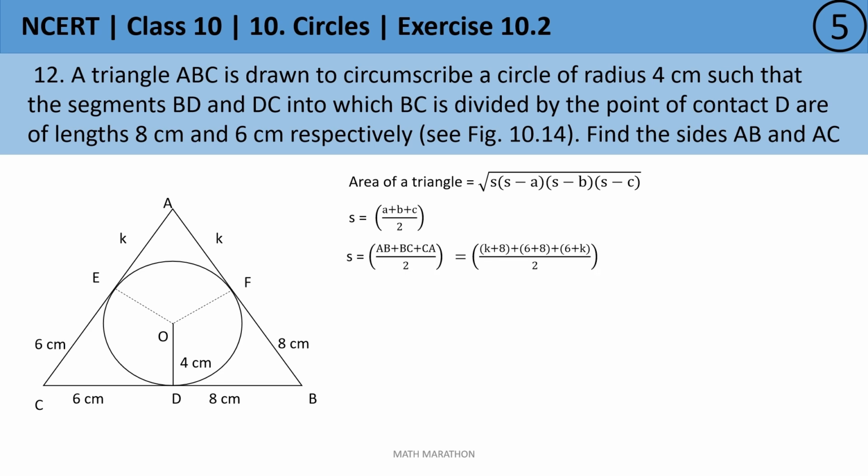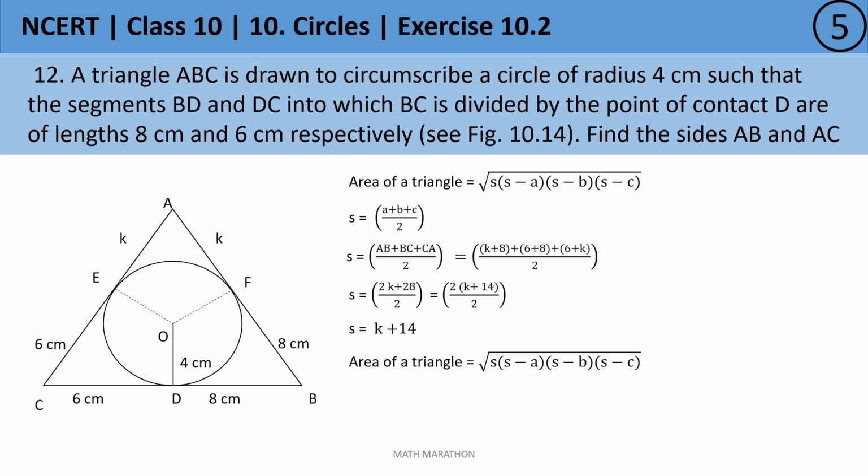S is equal to half of AB plus BC plus CA. S is equal to half of K plus 8 plus 6 plus 8 plus 6 plus K. On further simplification, we get S is equal to K plus 14.